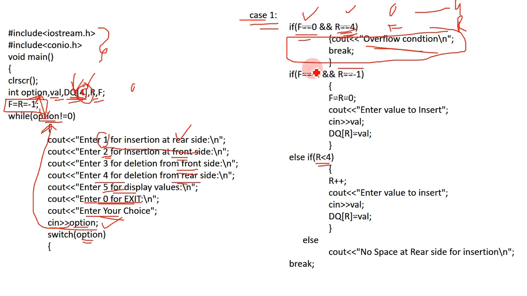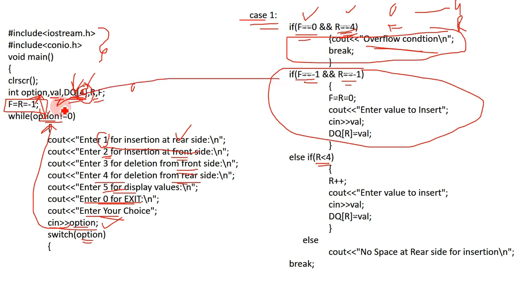Okay, this is the first time insertion. If front is equal to -1 and rear is equal to -1, we assign this already. So assign 0 to both the front and rear end. This is for the first time insertion.